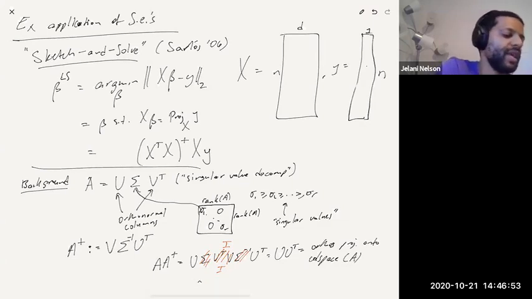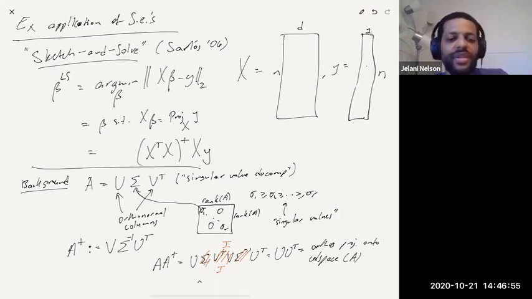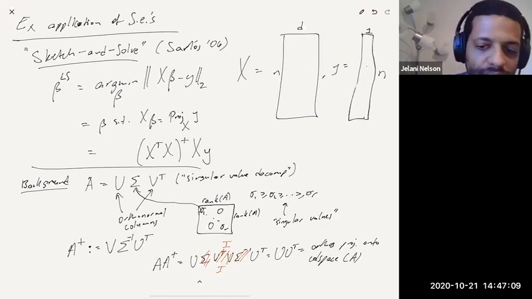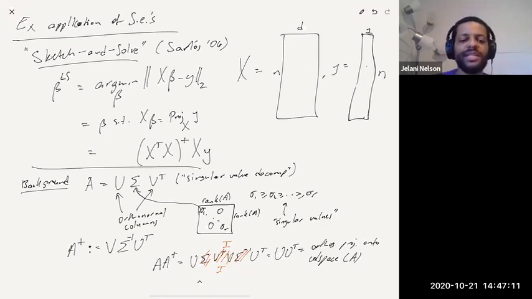If you look at the SVD, the columns of U form an orthonormal basis for the column space of A, and the columns of V form an orthonormal basis for the row space of A. So that's one property of the SVD. So A A plus is the projection onto the column space. A plus A would be the projection onto the row space, for example.